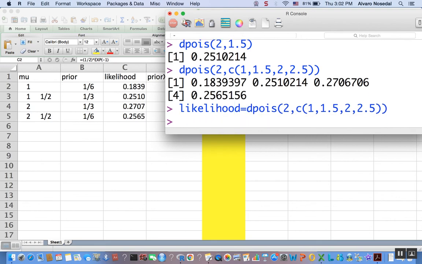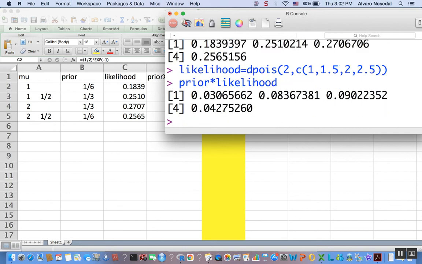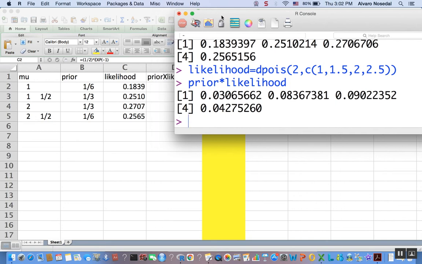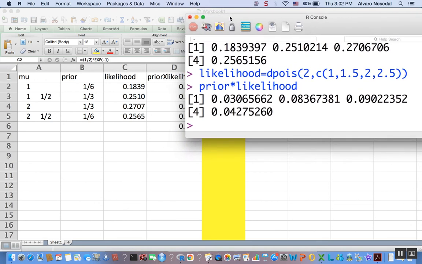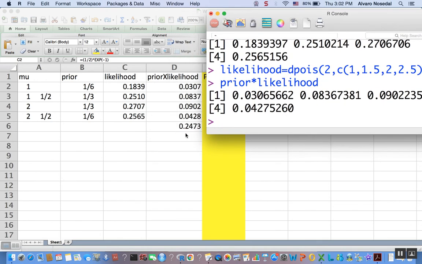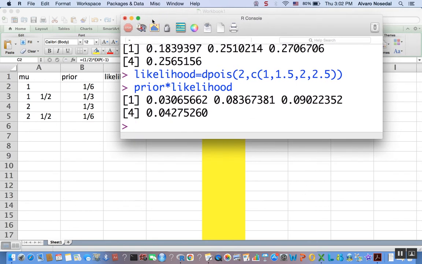And we know that we need this prior times likelihood, and then that gives you the fourth column in our table, and that denominator is just the sum of those products.